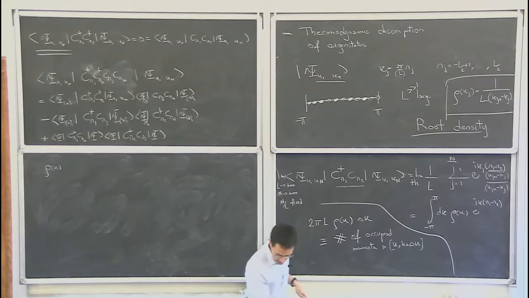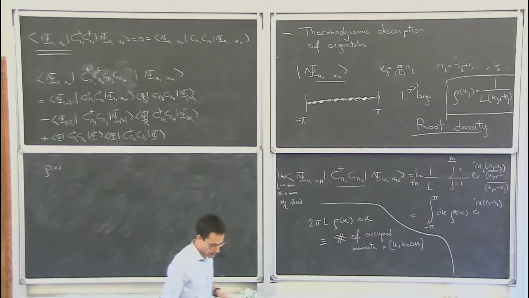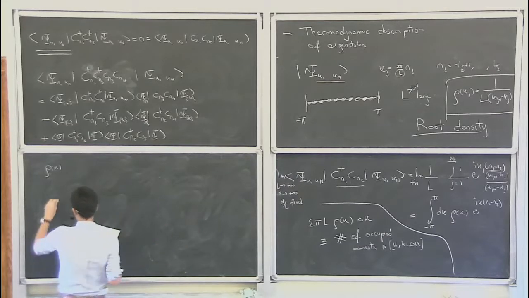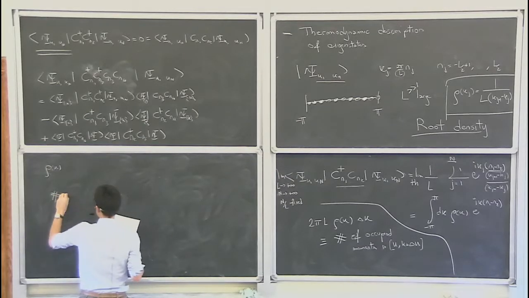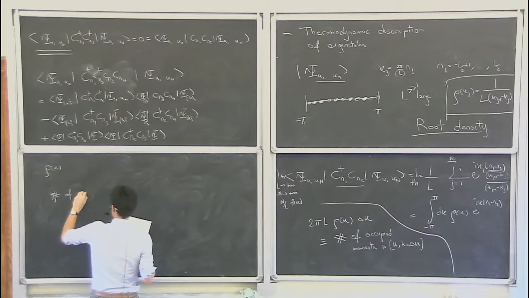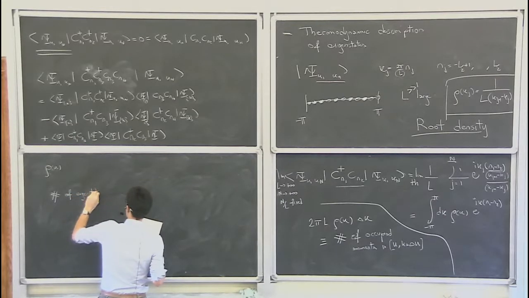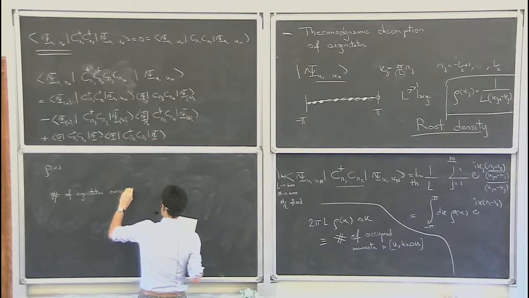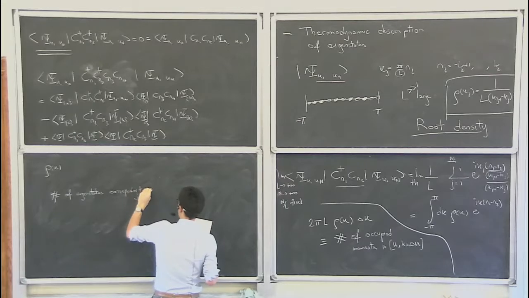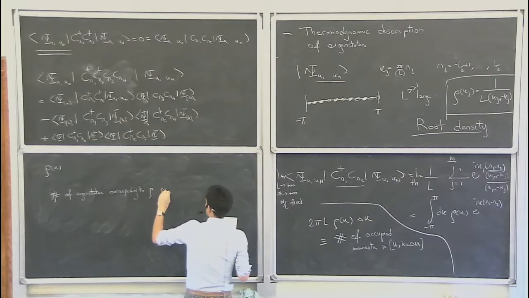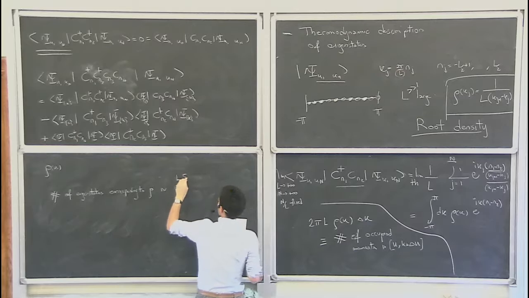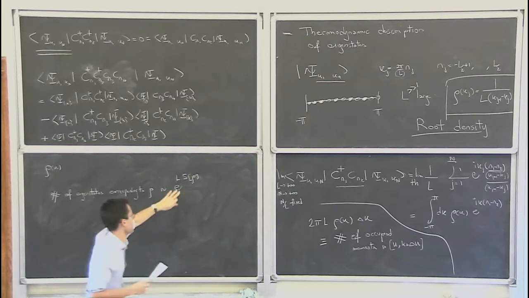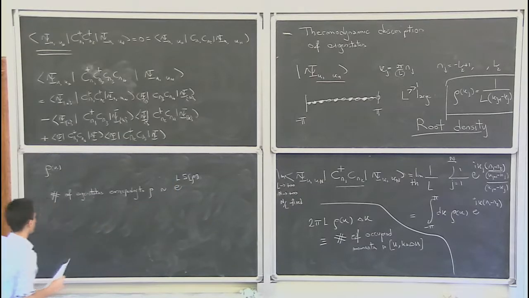And one of the exercises is actually to show that the number of eigenstates corresponding to rho is, at the leading order, exponential in the volume. Okay?